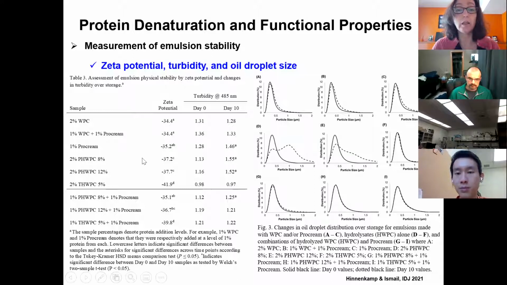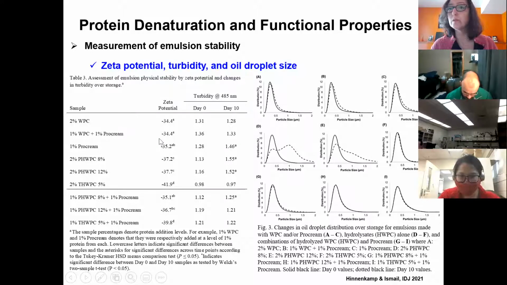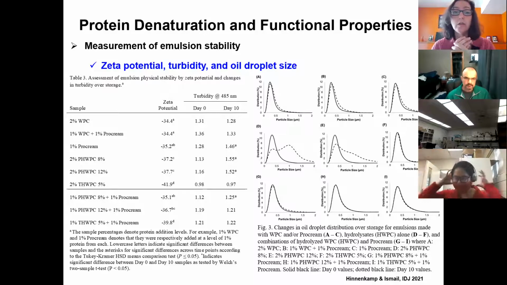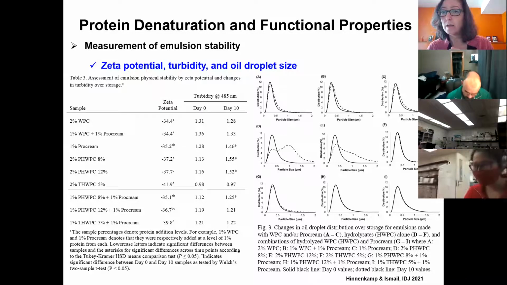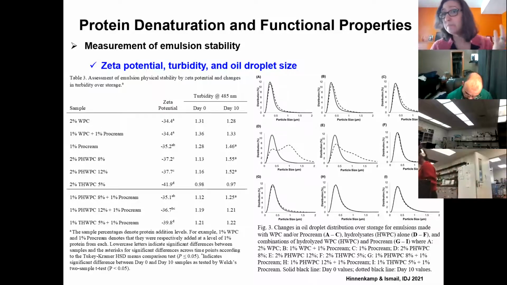First, we look at the charge on the surface of the oil droplets, which is important. The higher the charge, the better the stability, because you have more repulsion. And it is common based on literature that anything above -30 is a good potential for emulsion stability.